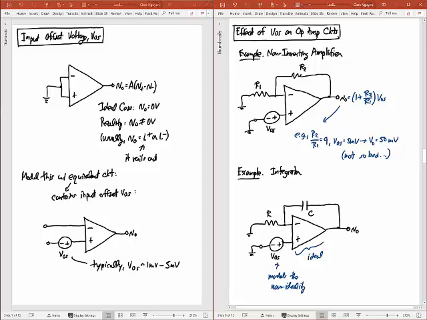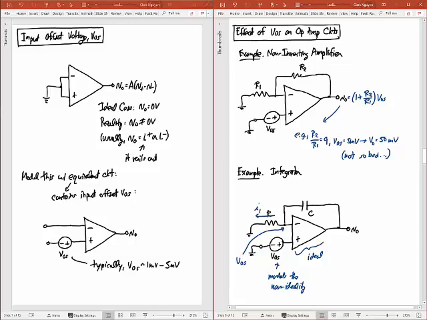But what happens here is that this is ideal, so it's going to stick a voltage right at that node. That voltage will equal the voltage down here, which is VOS. Okay, so the negative terminal now has VOS on it. If the negative terminal has VOS on it, what's going to happen across this resistor? I'm going to get a current to flow, and that current is going to flow this direction.